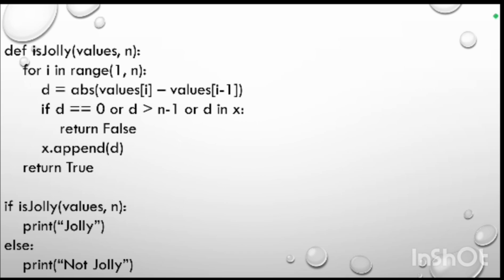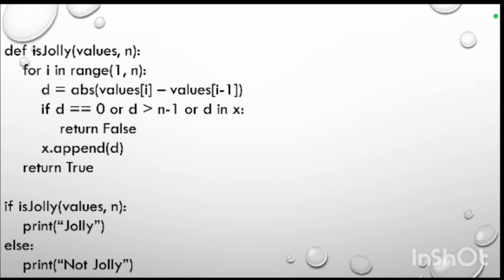After that, three conditions are given. First is d equal to 0. It means 0 is not allowed here, so it is invalid. Second, d greater than n minus 1. It means it is too large. We only allow 1 to n minus 1.